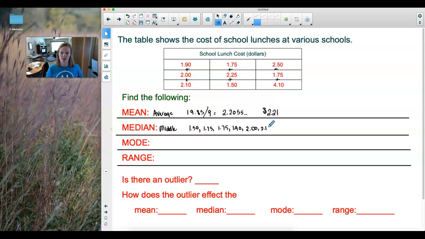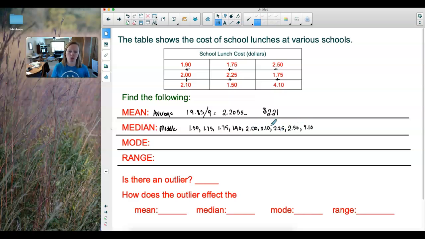We have $2.10, $2.25, $2.50, and $4.10. Now I want to make sure that I have them all. So 1, 2, 3, 4, 5, 6, 7, 8, 9.